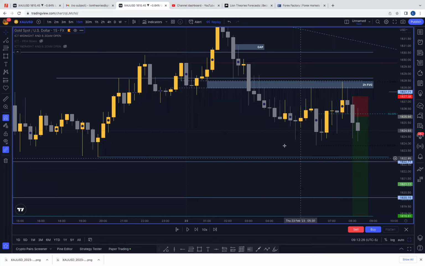I don't really care about the figures, the numbers. Only NFP, I really care about the numbers. But ultimately, if it's higher than expected on NFP, then it's good for the dollar, and gold usually goes down, vice versa.